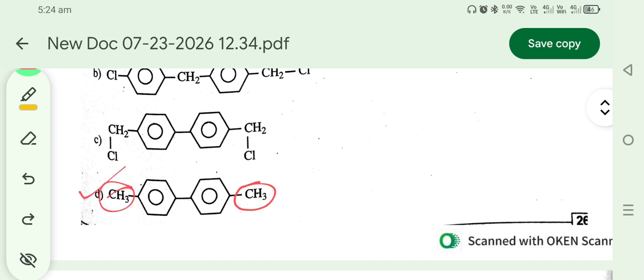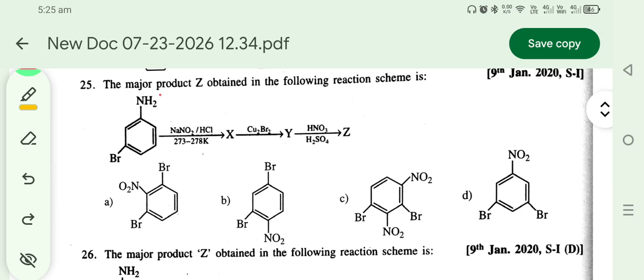B is the correct one. Again, aniline with NaNO2 and HCl is converted to diazonium chloride, and with CuBr2, the Gattermann reaction, this part is converted to bromine.